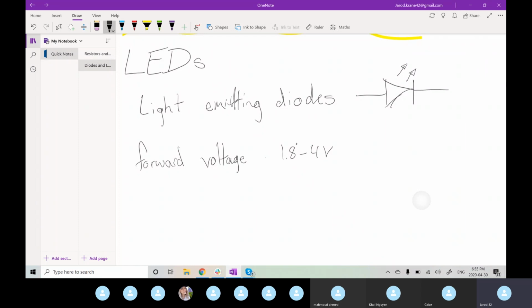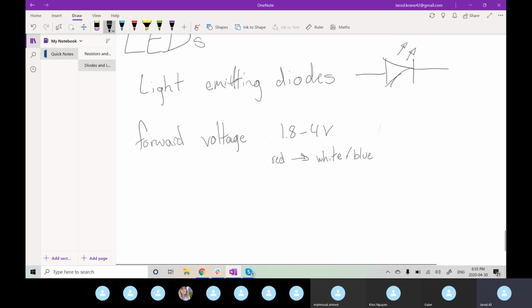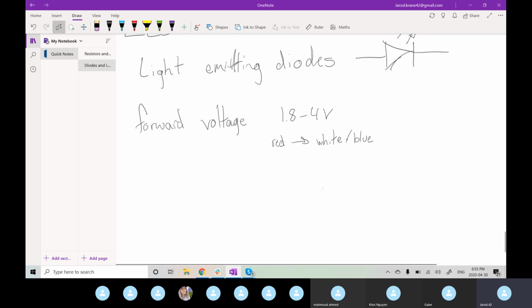So I believe your red LEDs have a lower, and then it goes up to your whites, and blues will have the higher voltage drop. But it has the same effect as the normal diode. So once you apply enough voltage, so you get over the forward voltage, current is allowed to flow through the device, and you get some light.